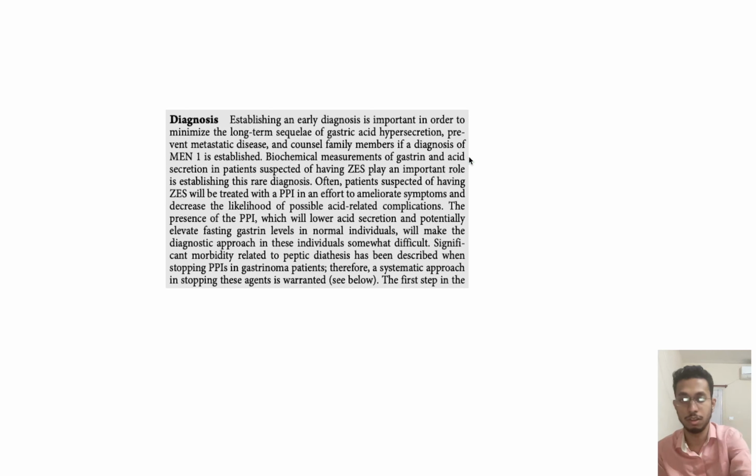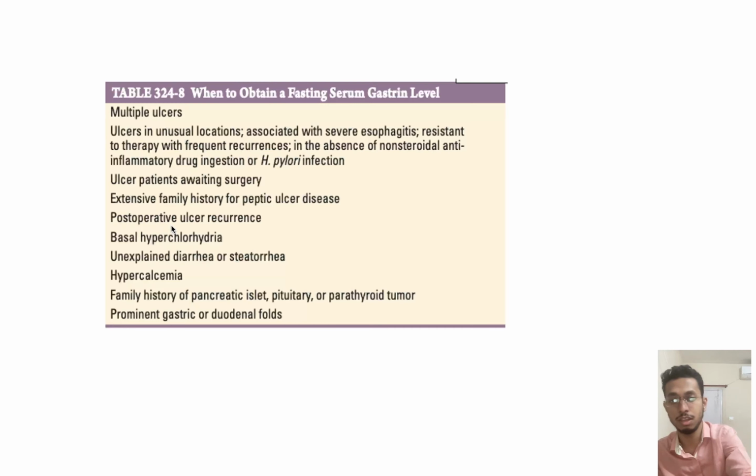Alright. So, this is what is mentioned in Harrison also. It also mentions to check the serum gastrin level first in case of Zollinger-Ellison syndrome. Biochemical measurement of gastrin and acid secretion in patients suspected of having gastrinoma plays an important role in establishing this rare diagnosis. So, when to obtain a fasting serum gastrin level?